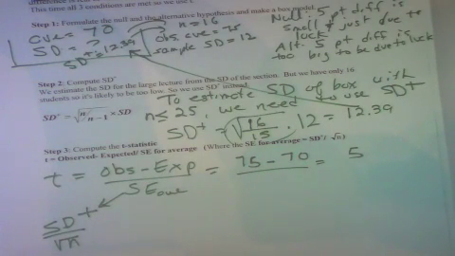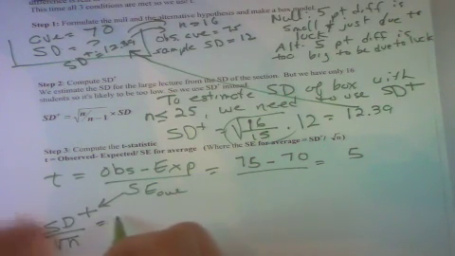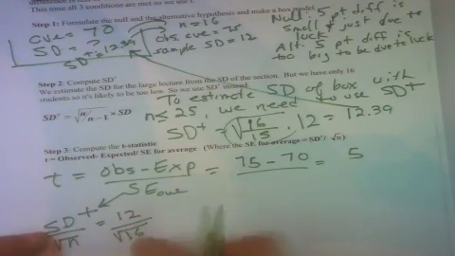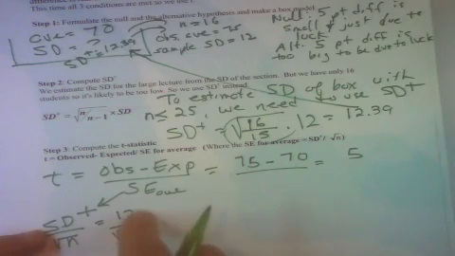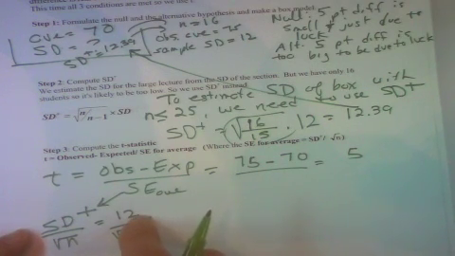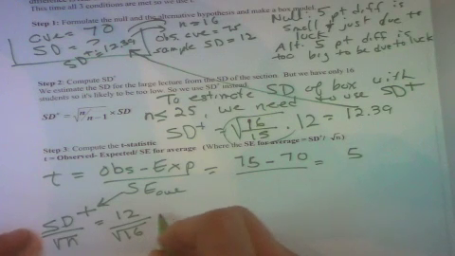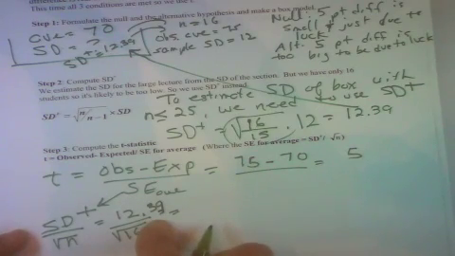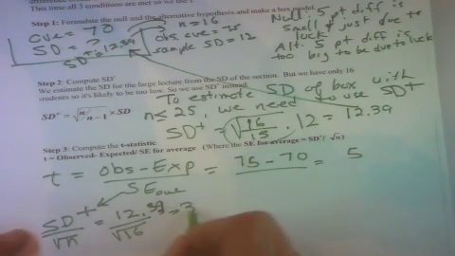And then we're going to use the t-curves. Instead of doing 12 like we did before over the square root of 16, which was 12 over 4, so we got 3, now we're going to use 12.39. So that's going to give us a little bit more than 3. We'll have more error.